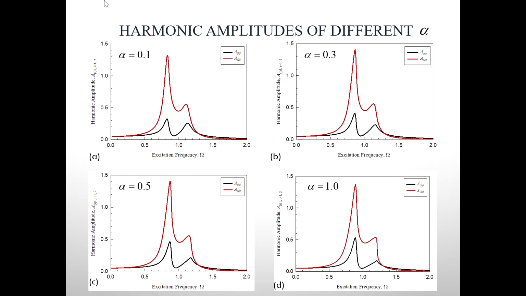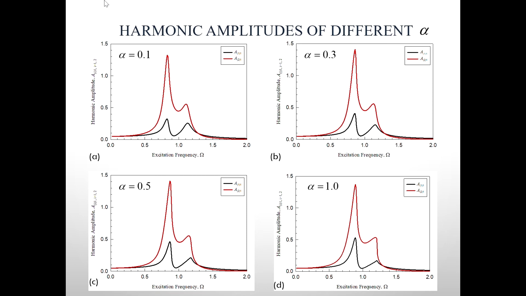To examine the outcome of the nonlinear vibration observer with respect to the nonlinear stiffness, the nonlinear term of the stiffness was varied from 0.1 to 1.0 without changing the other parameters. Figure B to figure D present the first harmonic amplitudes A11 and A21 for different alpha.